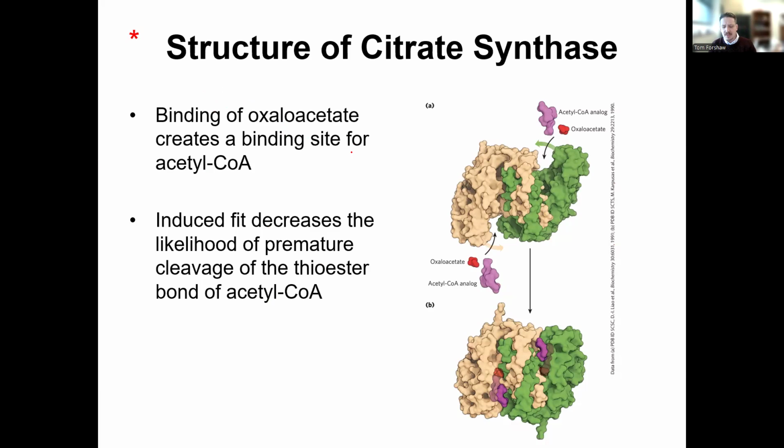The lock and key is something that you may be taught early on in biochemistry and biology classes, but it's actually a lot more complicated than that, and you need to factor in the induced fit model. The induced fit model is the idea that as substrates bind, both the protein and the substrate will change shape. In doing so, they make it easier for each other to bind, but sometimes for other things to bind. And so there's a case of the induced fit with citrate synthase.